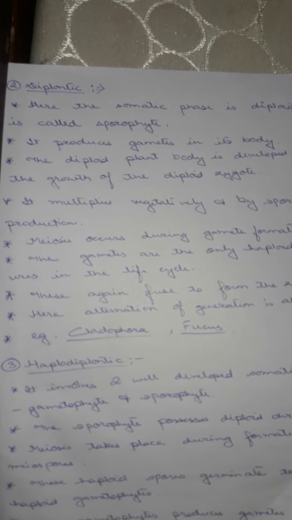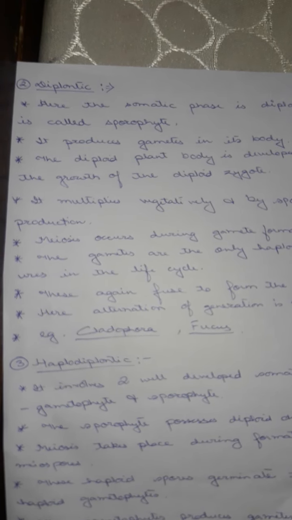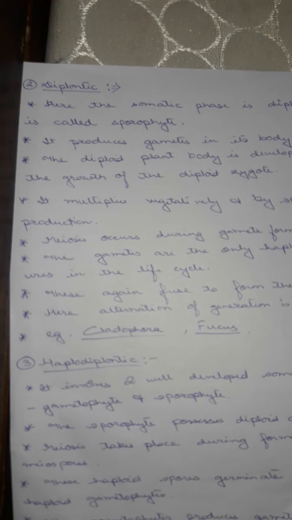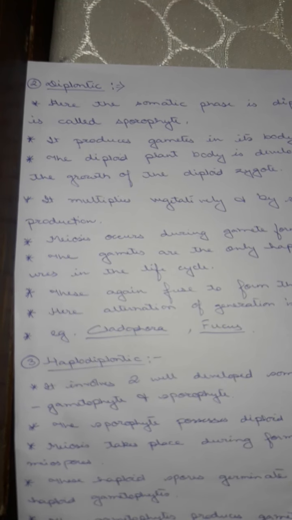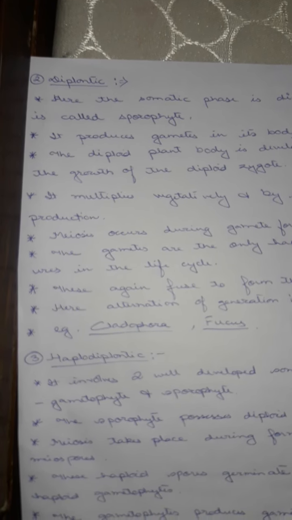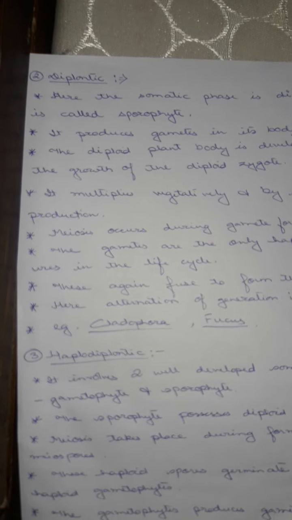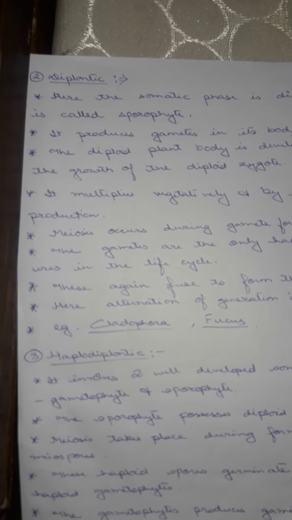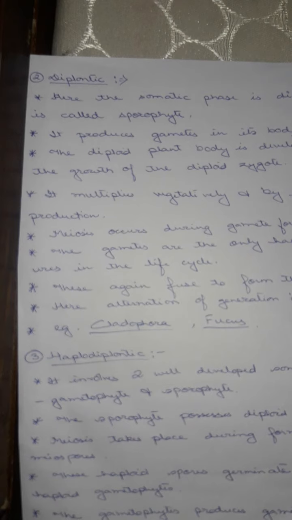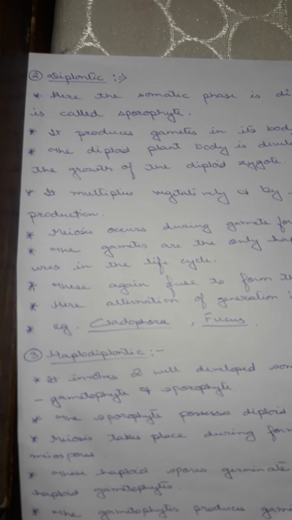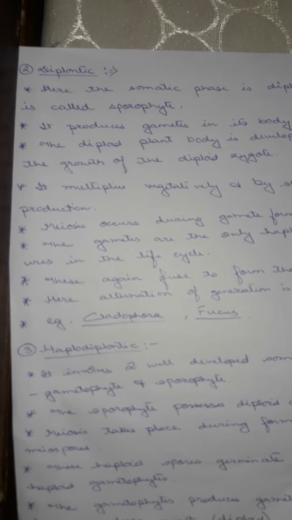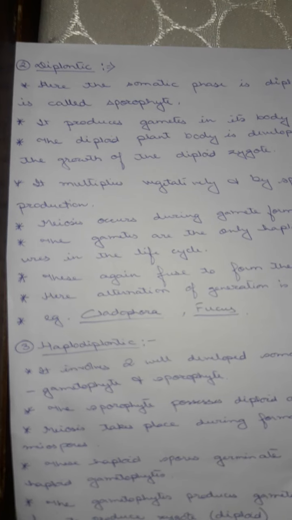The second one is the diplontic life cycle. Here the somatic phase is a diploid phase and it is known as the sporophyte. It produces gametes. That means the plant body will produce gametes, and the diploid plant body develops from the growth of the diploid zygote. Here also multiplication occurs by vegetative and spore production methods.